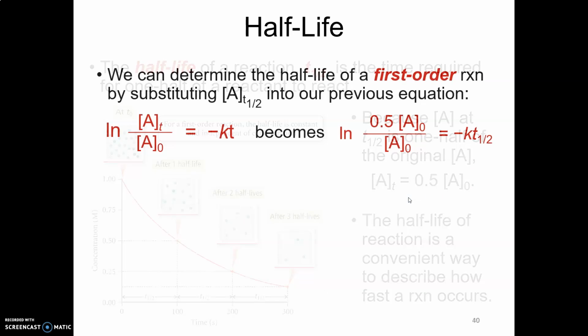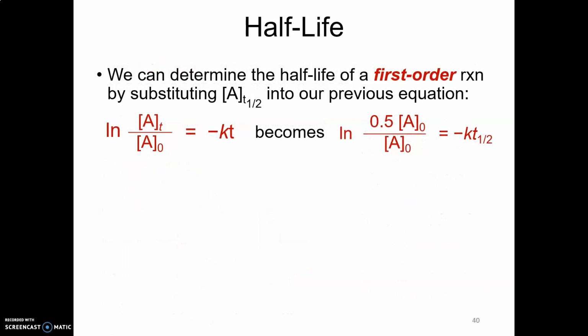We're going to start with first order. This was our first order equation. Remember, you do not have to memorize this. This will be provided to you in any quiz or exam. This is our integrated first order equation. Now we've substituted AT for half of A0, and then we can just do some algebra.